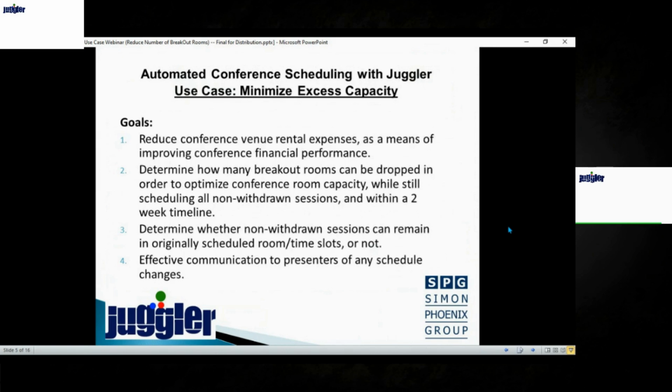So there was also a need to figure out how many breakout rooms could be dropped in order to optimize conference room capacity while still being able to schedule all the non-withdrawn sessions, and within that 2-week window that I noted earlier.